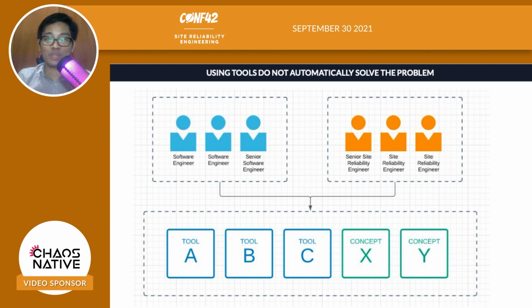What if the tools are properly set up, but 80% of the team have no idea how to use these tools, and have very little idea about the concepts being used? And then finally, what if they say that they're familiar with these tools, but in reality, they're not able to use these tools properly to troubleshoot the problems? So what will happen here is that at the start, during the planning stage, we ask the people, who's familiar with this tool?